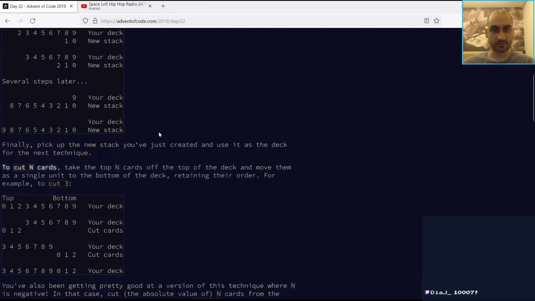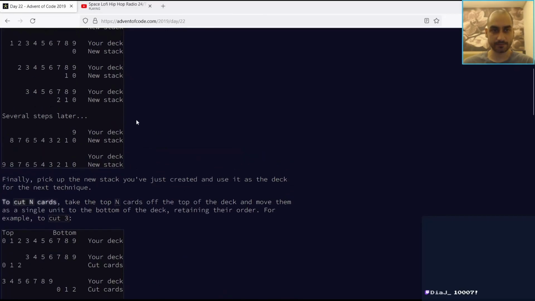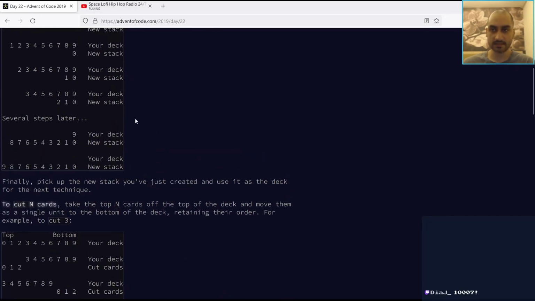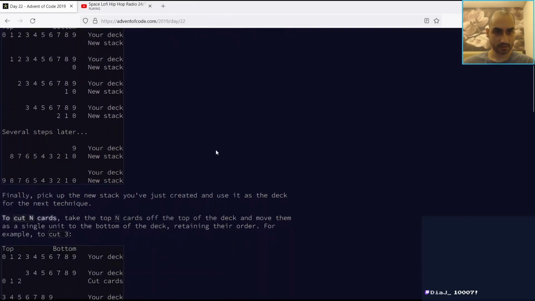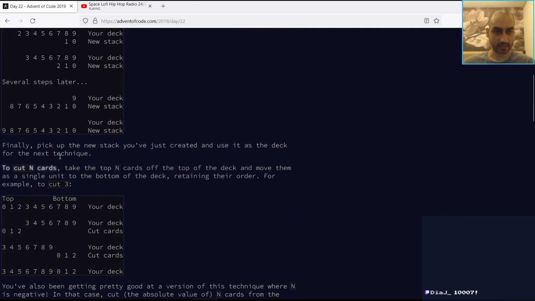Pick up the new stack you've just created and use it as the deck for the next technique. So is it not just reversing whatever the deck is? So then that becomes the new deck. So you're actually just reversing the current deck.